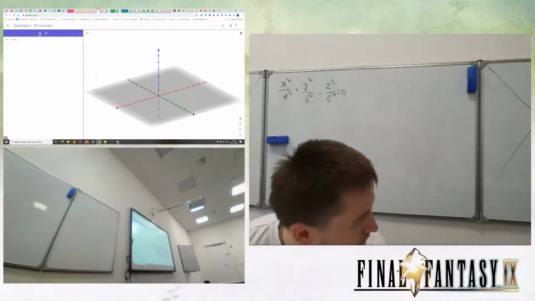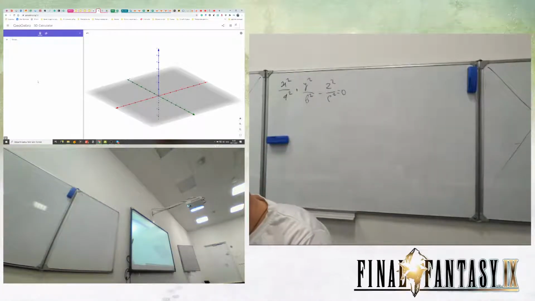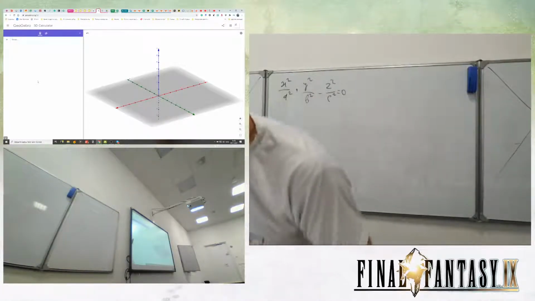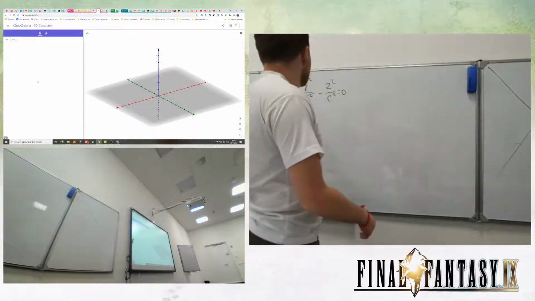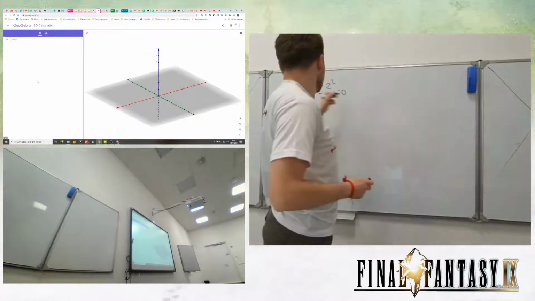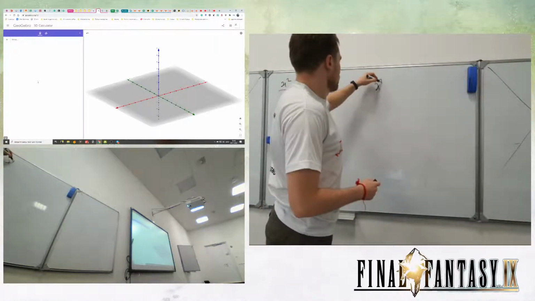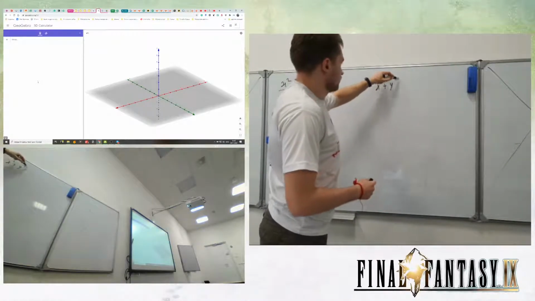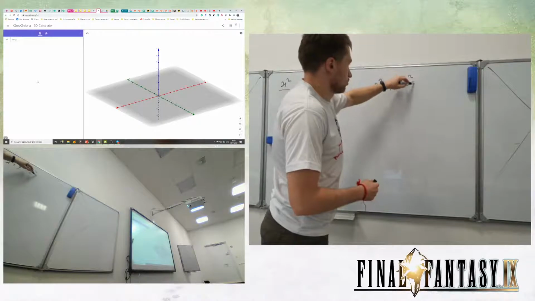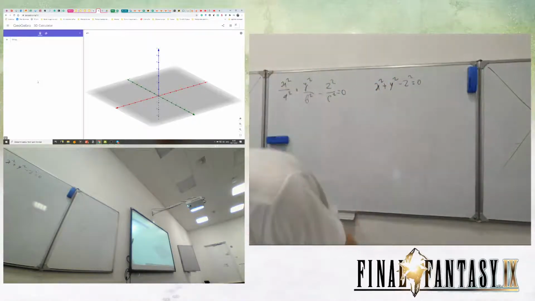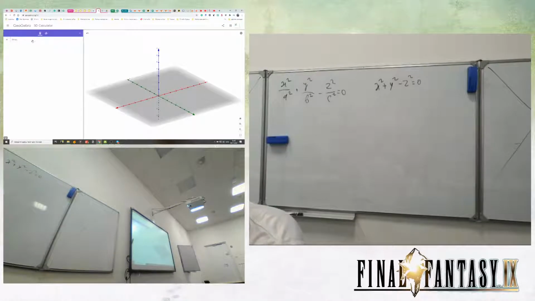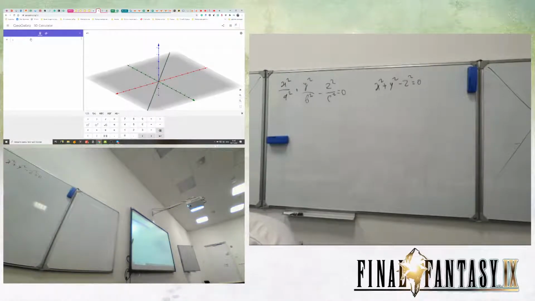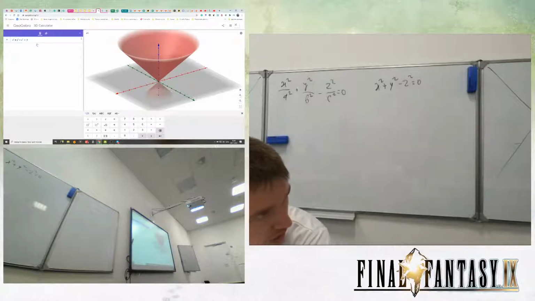I hope you can see something. Okay, first of all, let's make some cone. Its general form, for us I think it will be enough to set equal to 1. So x squared plus y squared minus z squared equals 0. Okay, we obtain the cone.